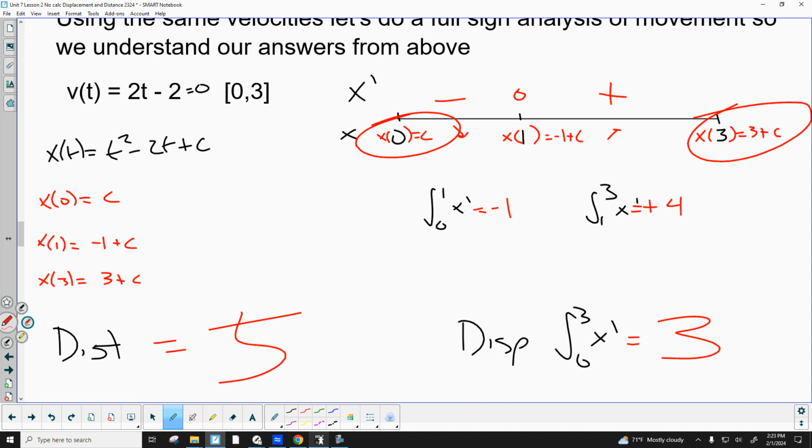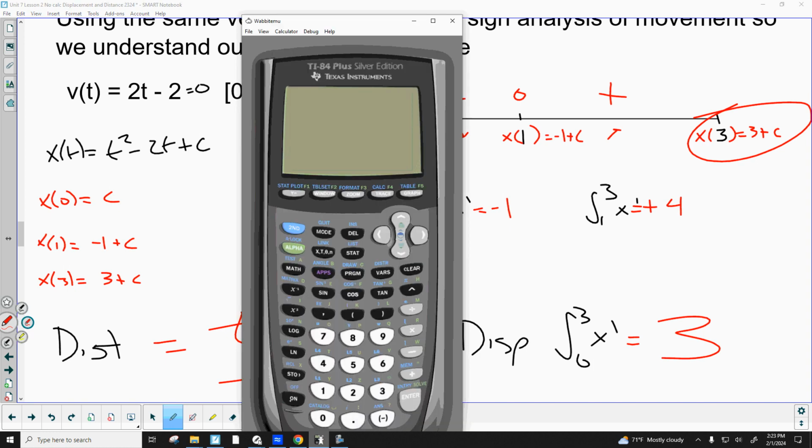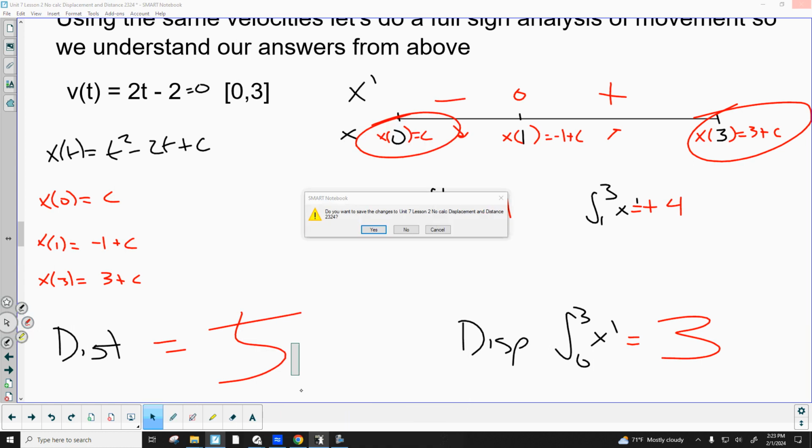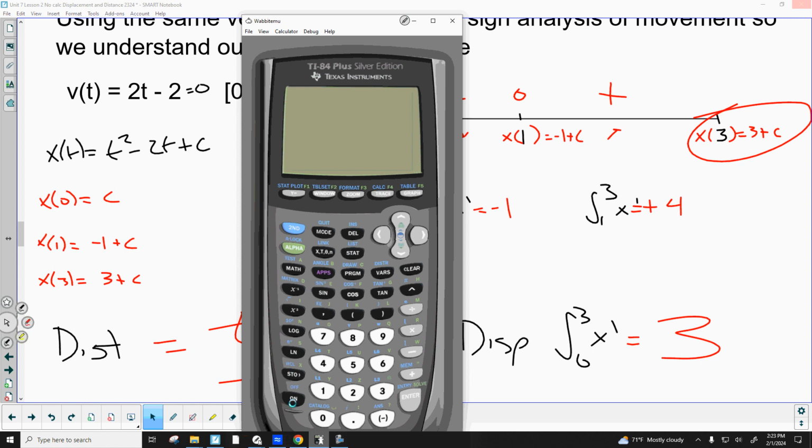Now, wouldn't it be nice to be able to check these answers with the calculators that you have close to you? Yes, it's easy and we know a quick way to check my displacement from 0 to 3, which is 3.